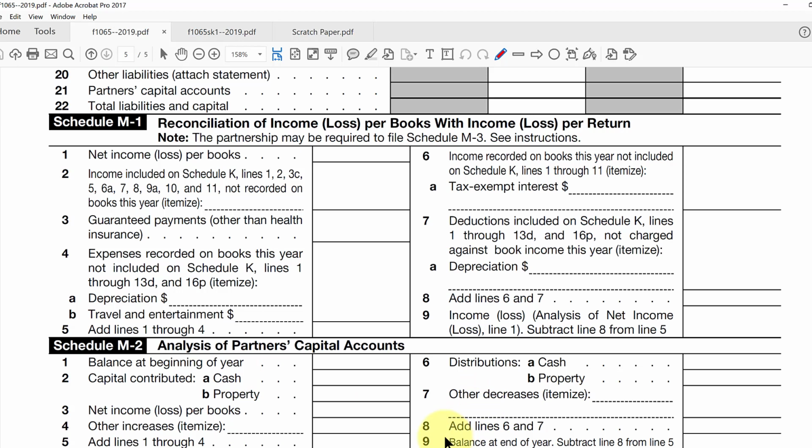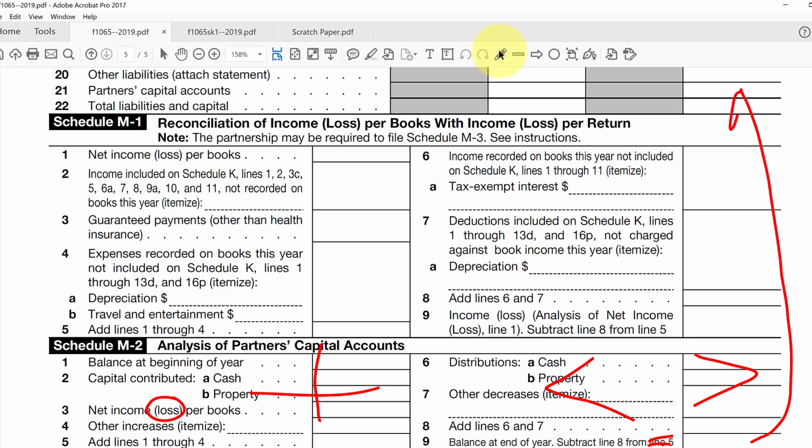So this left-hand column is basically things that will increase the capital account, unless you have a loss, for net income or net loss would be subtracted out here. And the right-hand column will be everything that reduces the capital to get the capital at the end of the year that shows up in this line. Again, the beginning would be over here at the beginning of Schedule M-2.